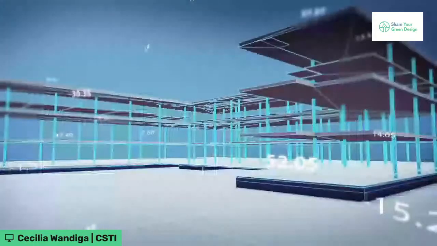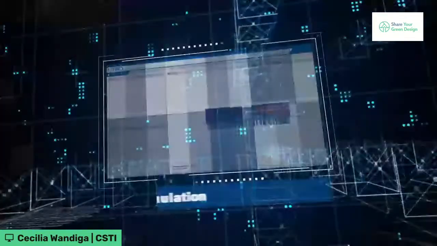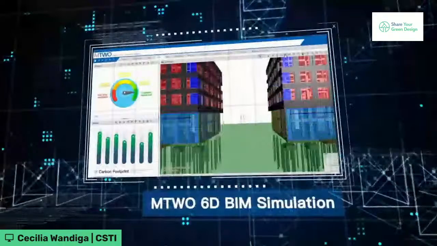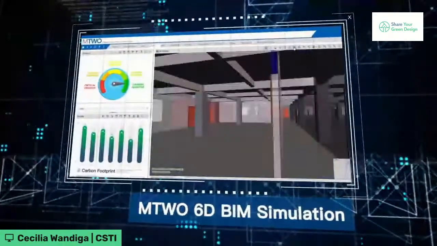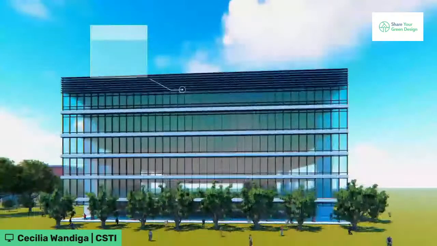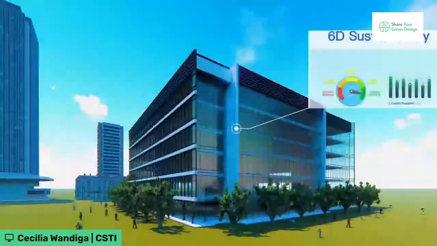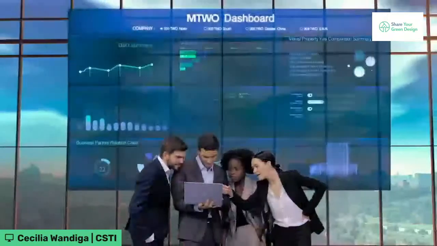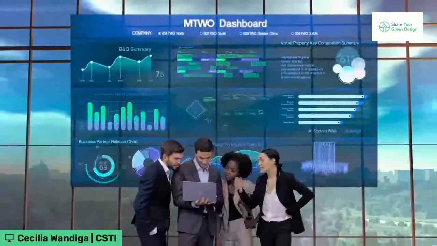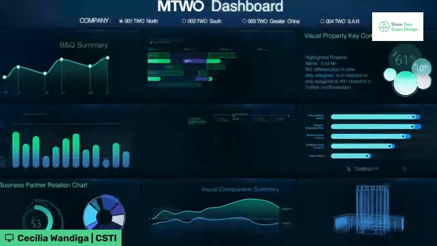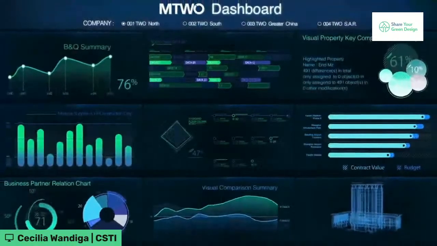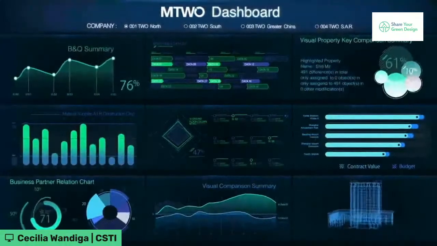Before a project's physical construction, M2 runs a detailed 6D building information modeling virtual simulation, connecting the 3D BIM model with 4D time factor, 5D cost information, and 6D carbon factor, so that stakeholders can optimize the design, schedule, and carbon emission while reducing rework and the waste of CO2-intensive building materials.